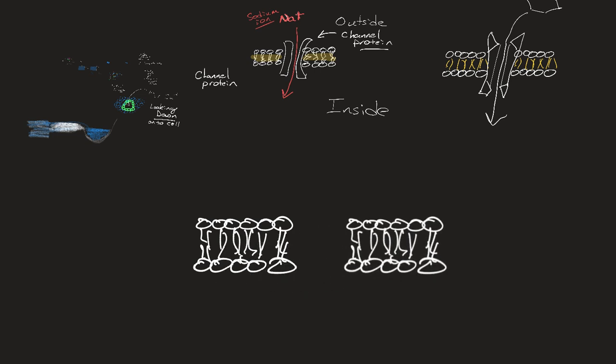There is a type of protein that is actually closed off. There is a channel, there's a hole, but there's a door to get in. There's a door that you have to open. And that door has a key.